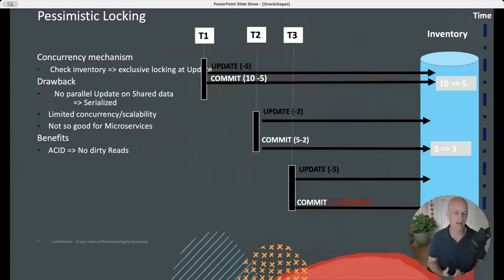So pessimistic locking, very straightforward, very slow, just because you are blocking. As soon as a transaction takes hold of the data, it's blocking. So very safe, no dirty reads or anything, but you're doing one transaction at a time. It's serial, okay.